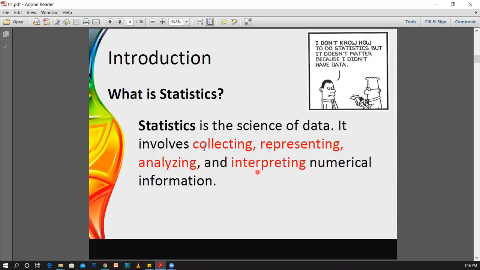Actually, statistics is the science of data, and it consists of four parts: data collection, data representation, data analyzing, and data interpretation. The combination of these four techniques can be called a science, and it is named as statistics.